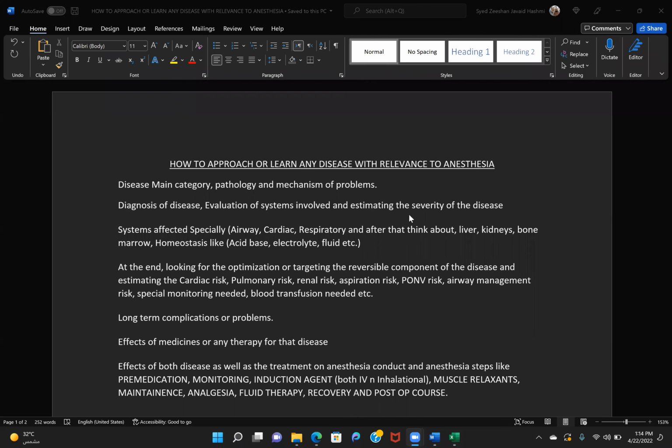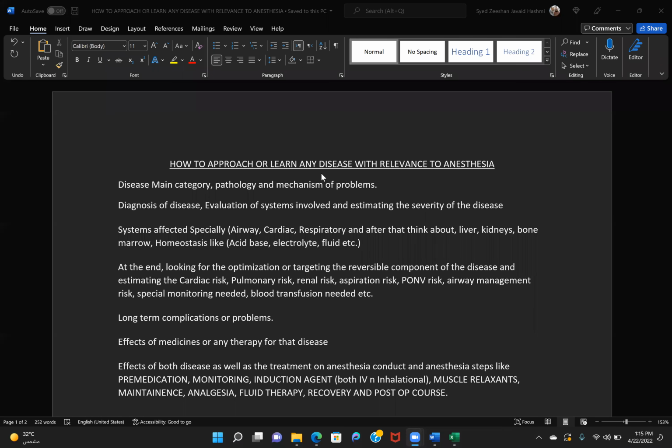Now the second step: systems affected. Mainly the system affected here will be the airway and respiratory system. But if there is involvement of other autoimmune disease, there may be a question here as well: what are the other autoimmune diseases associated with myasthenia gravis? Other autoimmune diseases include thyroid diseases, Hashimoto thyroiditis, Graves' disease, and so on. I cannot recall them all, but you can say there are some other associated autoimmune diseases.